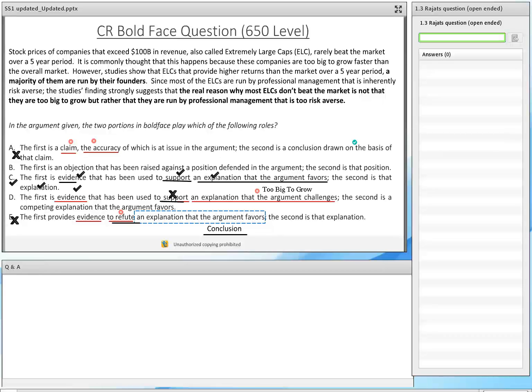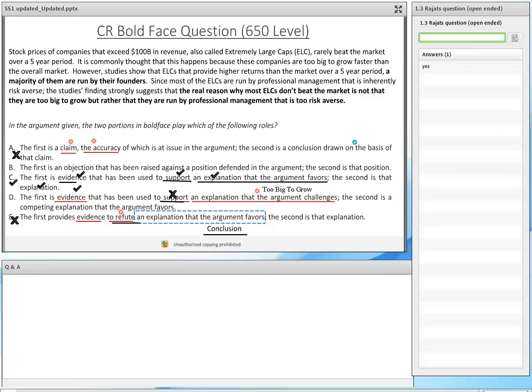When you do that, you're going to find that the answer is no. It doesn't support too big to grow. In fact, it refutes that. It proves that when these companies are run by their founders, they actually grow faster than the overall market. Those who chose choice D, can you really see why this aspect is wrong?